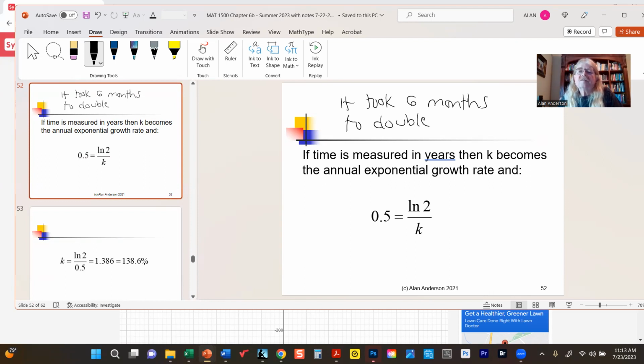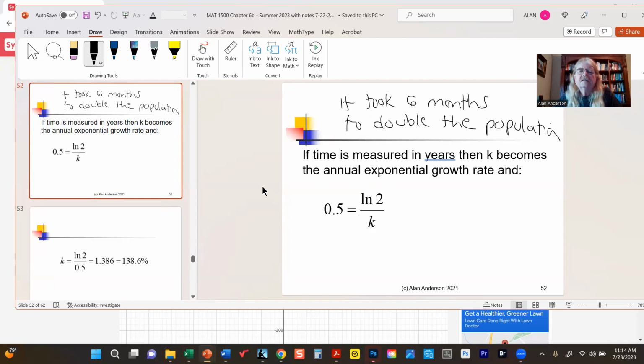So we're basically working this backwards now. Now we're going to figure out what the implied growth rate is. So algebraically, of course, we're just going to solve for k. We'll have a half of k is log 2.